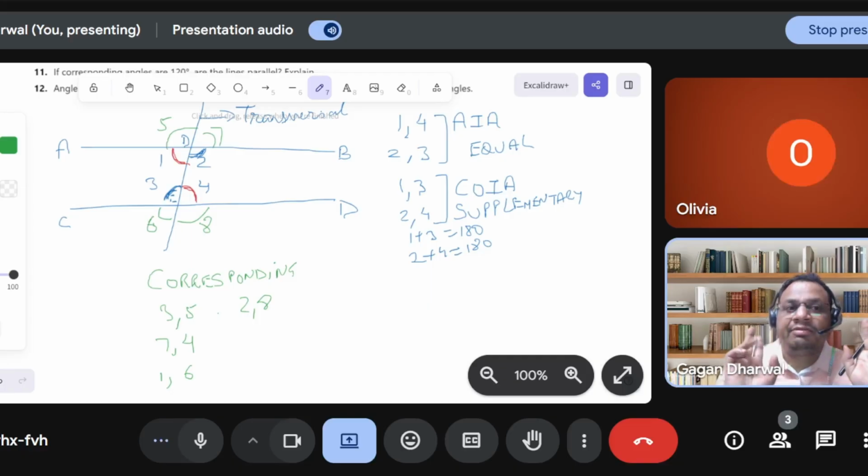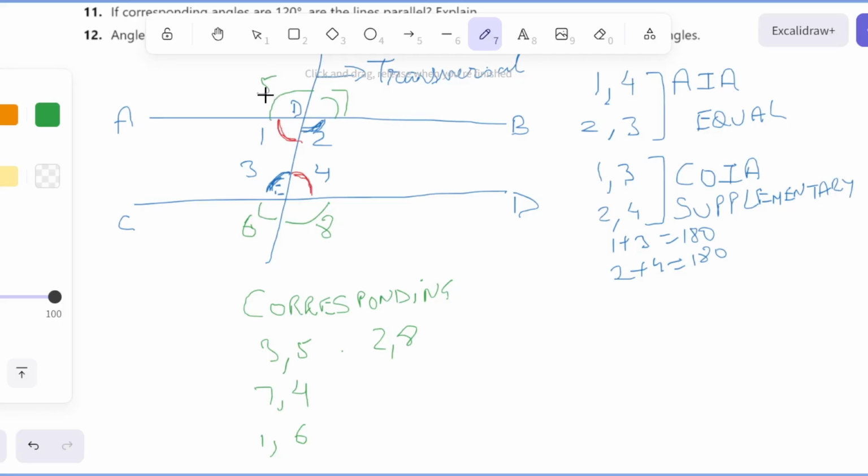Again, what is the first condition for the corresponding angles? One inside, one outside. Number two, they shouldn't be linear. When I say they shouldn't be linear, it means they shouldn't be just next to each other. That's the reason I didn't take 1 and 5. One is inside, 5 is outside, right?